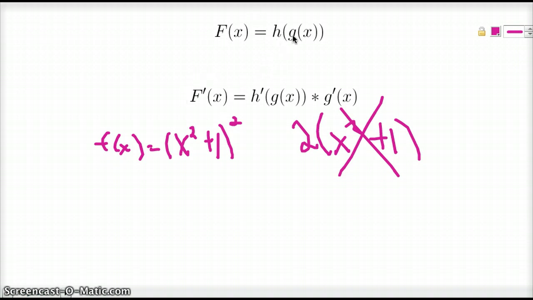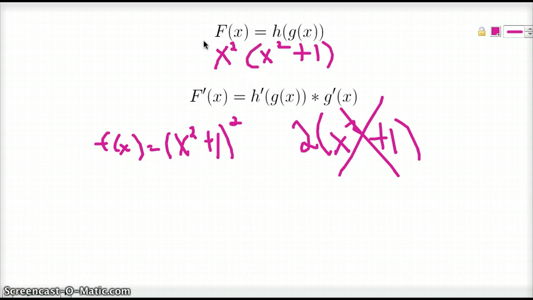What we want to do is find the outer function and the inner function. Well, I see that this whole quantity is being squared, so we can say the outer function would be x squared, and the inner function would be x squared plus 1.